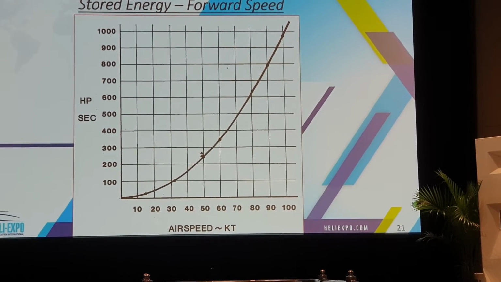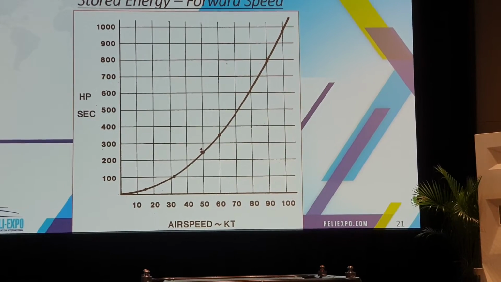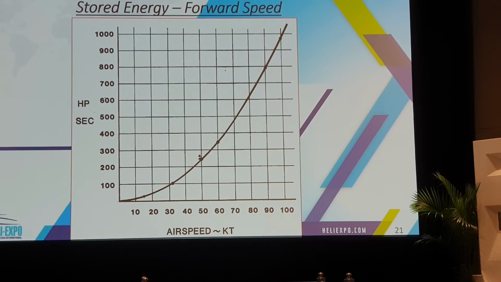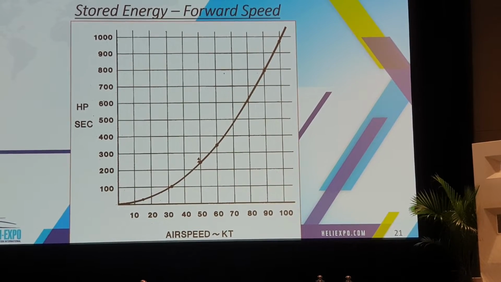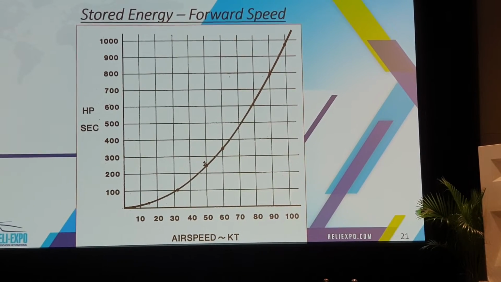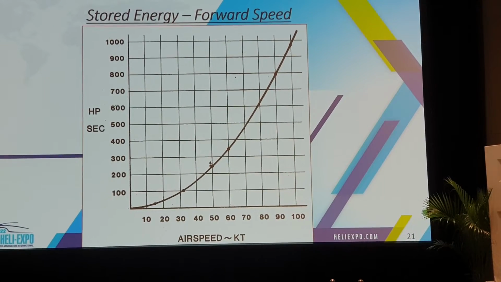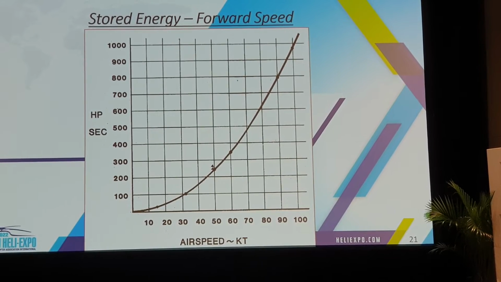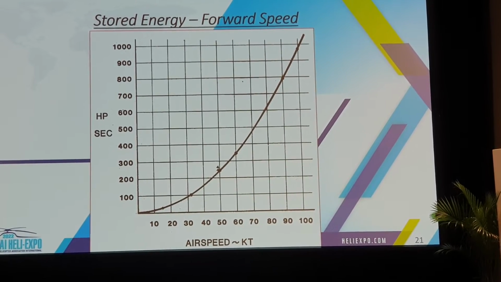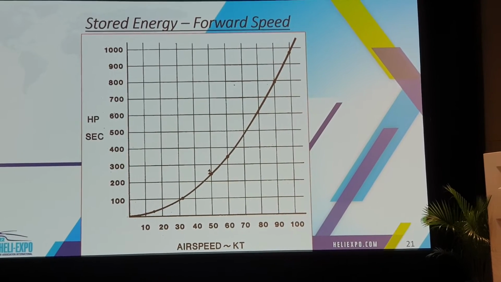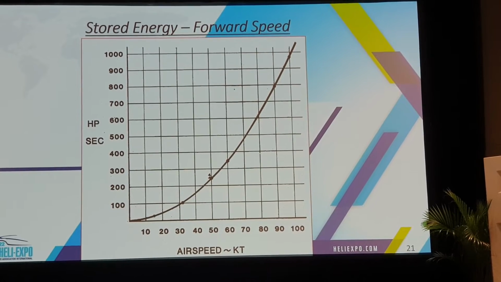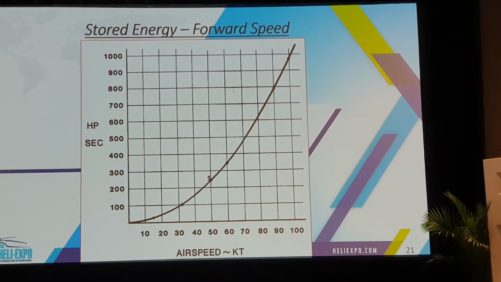For example, let's say I had 100 horsepower seconds of energy. I could produce 100 horsepower for 1 second. Or if I wanted to spread that out, I could produce 50 horsepower for 2 seconds. Or maybe I really want to spread that out. I can produce 1 horsepower for 100 seconds. So we're going to use the term horsepower seconds for energy.